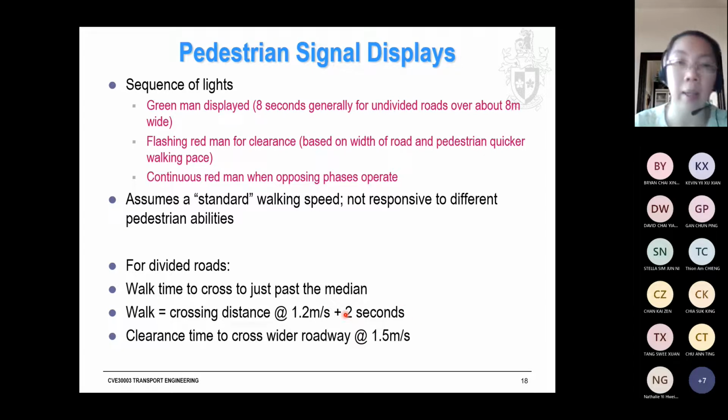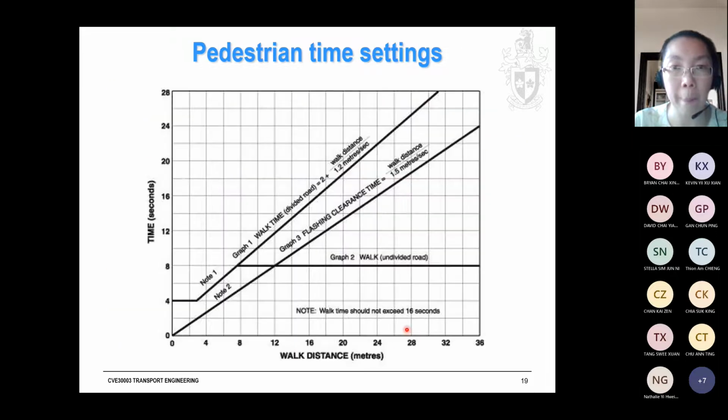If you know that the area has a lot of people who have disabilities or are senior citizens who can't walk very fast, then we may look at increasing this 2 seconds safety buffer. Okay, so clearance time to cross a wider roadway is about 1.5 meters per second.